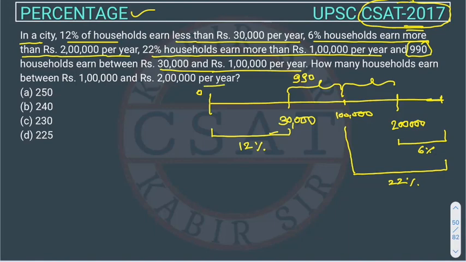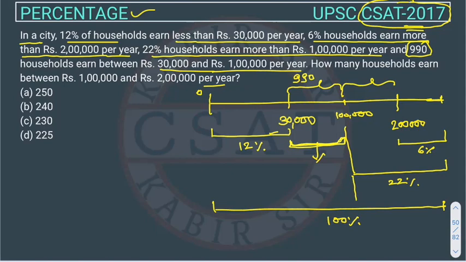Right. So total will be 100%. Okay. And this is given 12% and this is 22%. So what will be this amount? If I want to find the percentage of people earning between 30,000 and 1 lakh, they have given 990, but in percentage what will it be? From here to here it will be 100 or not? Total is 100%. This is given 22%, and this is given 12%.